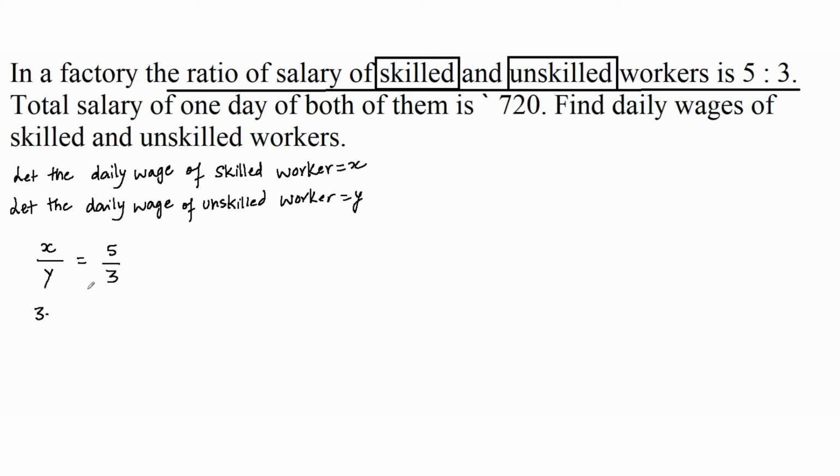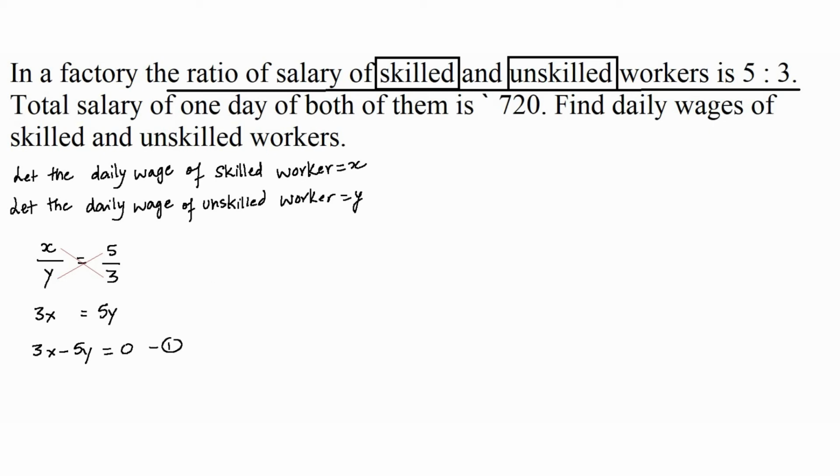When I say I'm going to cross multiply, it means I'm going to multiply 3 with y and the numerator of the opposite side, 5, with x. So 3x therefore becomes equal to 5y, and therefore 3x minus 5y is equal to 0.